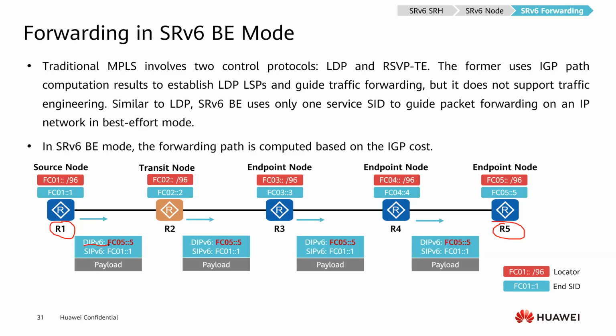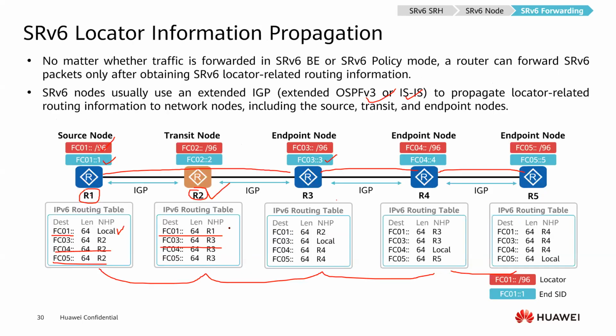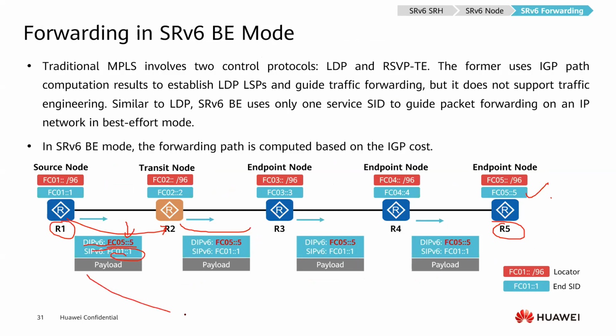I just put the destination IPv6 address as FC01::1:5, and use this as the source. It is sent to the router, and the router, based on its routing table, sends it to its destination. So this is SRv6 BE. It just looks like a normal IPv6 packet, right?